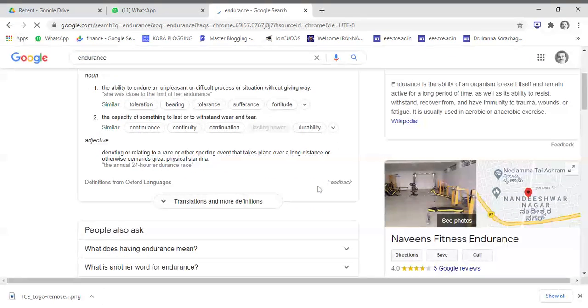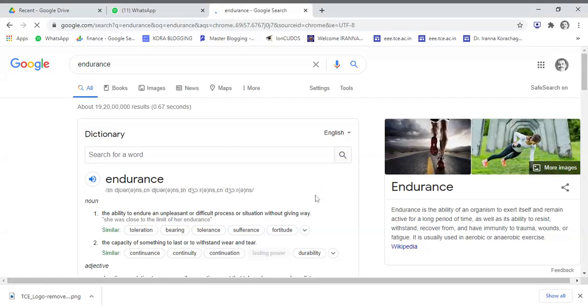The simple meaning of endurance is very simple. If you are running a marathon of 20 kilometers, and suppose we have started now, we are at the 0 kilometer. We have to run the marathon for 20 kilometers.